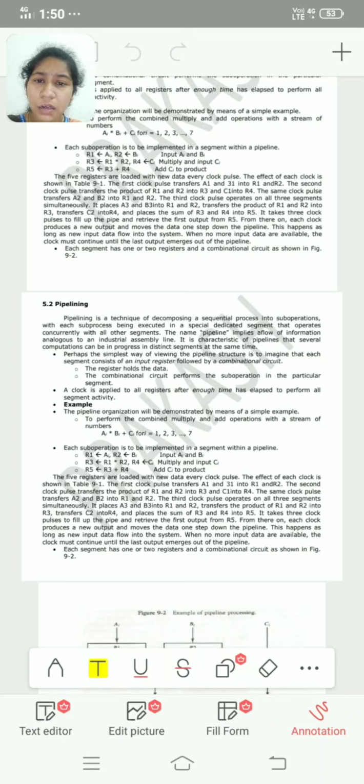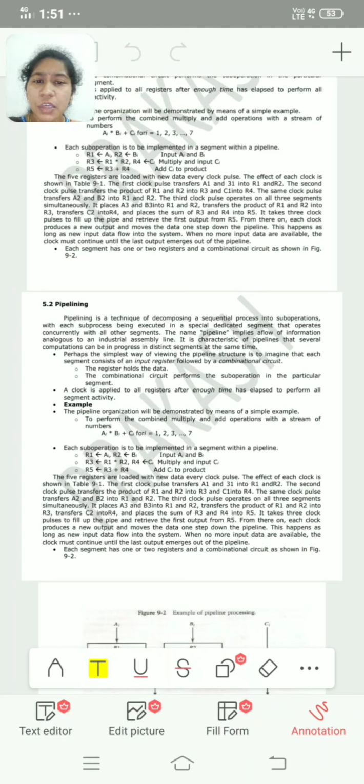R1 gets A1, R2 gets B, input A and B. R3 gets R1 times R2, R4 gets C. Multiply and input C. R5 gets R3 plus R4. Add C to product. The five registers are loaded with new data every clock pulse.